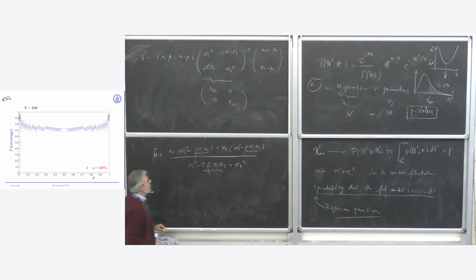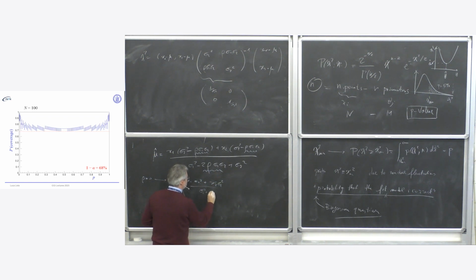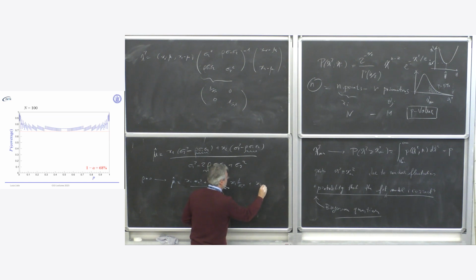If you set rho equal to 0, this is exactly the weighted average you had before, because if rho is equal to 0, we end up with mu hat equal to x1 sigma 2 squared plus x2 sigma 1 squared divided by sigma 1 squared plus sigma 2 squared. This is exactly what I wrote before. So it's x1 1 over sigma 1 squared plus x2 1 over sigma 2 squared divided by the sum of the inverse squared uncertainties, okay?